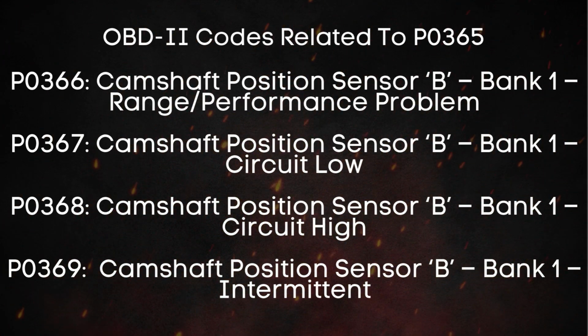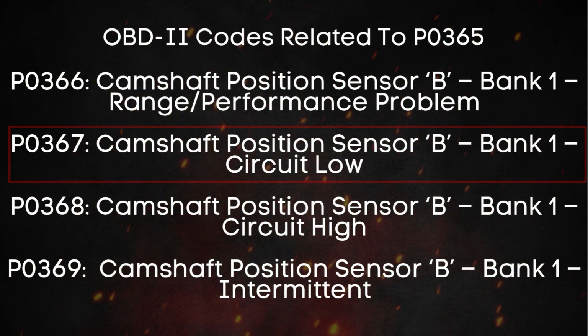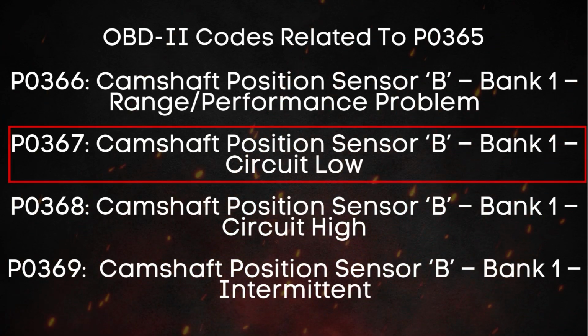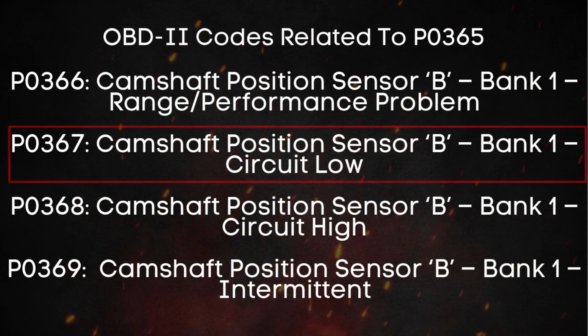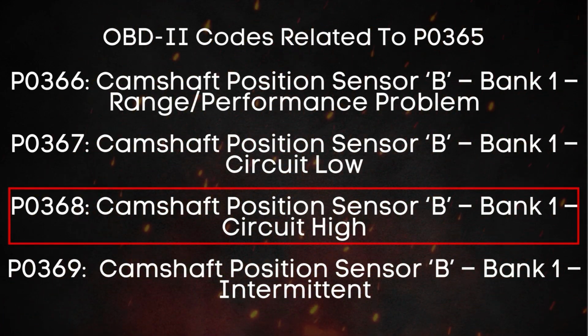Then there's P0367, which means Exhaust Camshaft Position Sensor for Bank 1 is circuit low. This usually indicates that the voltage in the sensor's signal is too low. It could be caused by a dying sensor, damaged wiring, or corroded connections. On the flip side, you might see P0368, which is Exhaust Camshaft Position Sensor for Bank 1 is circuit high.